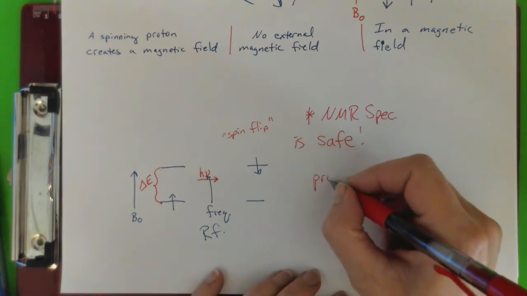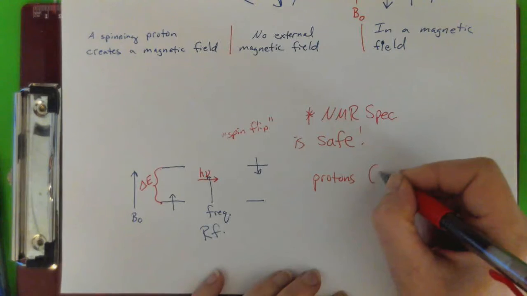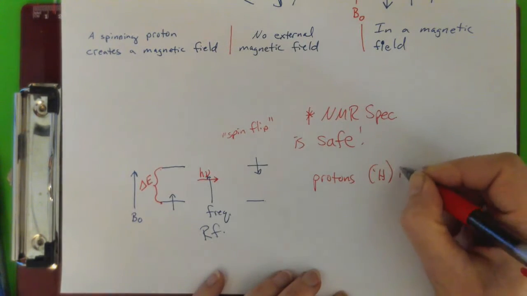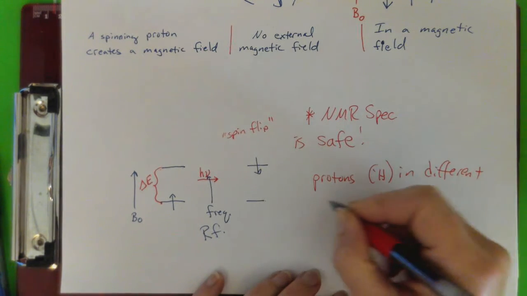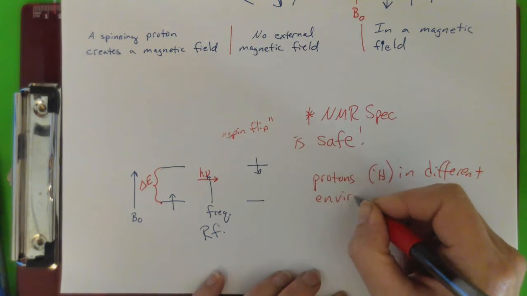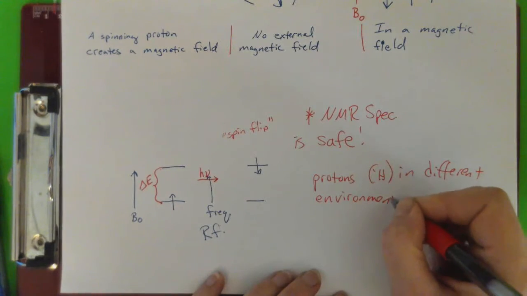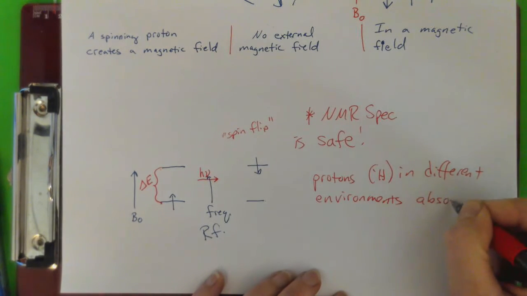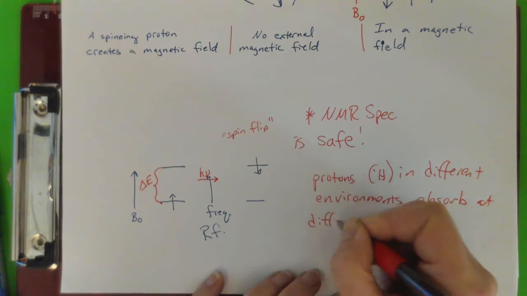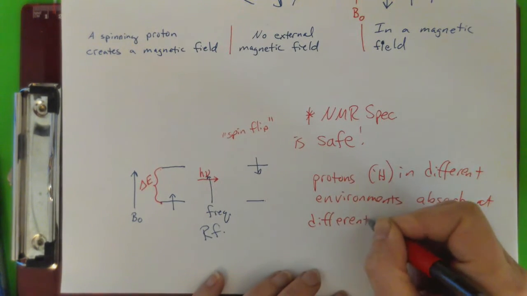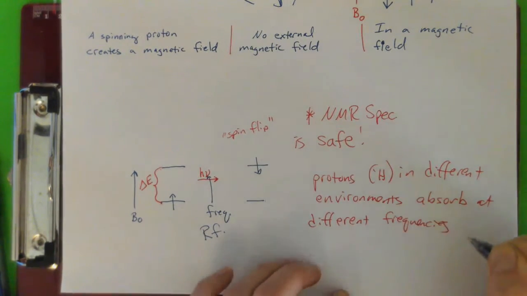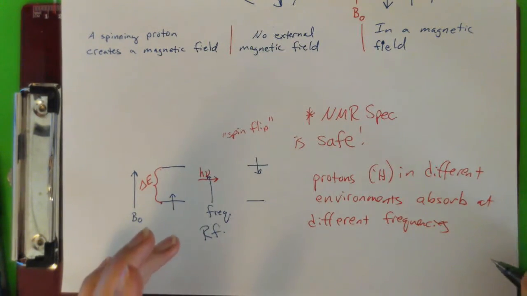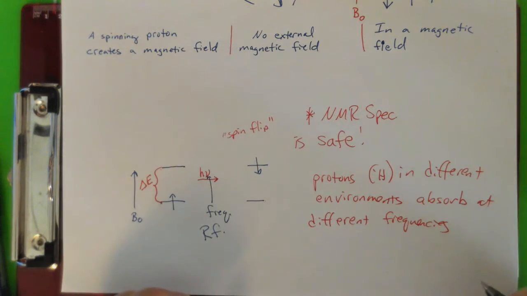So protons in different environments absorb at different frequencies, so that they're distinguishable by proton NMR spectroscopy.